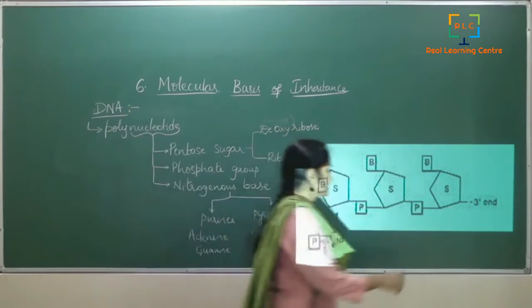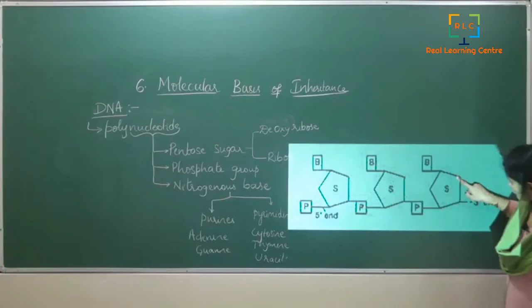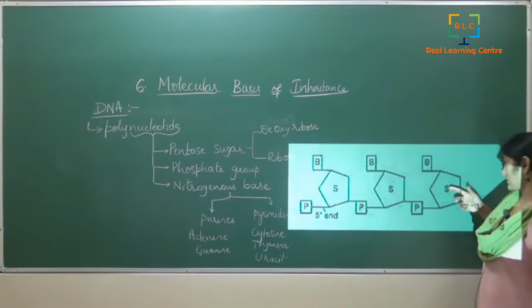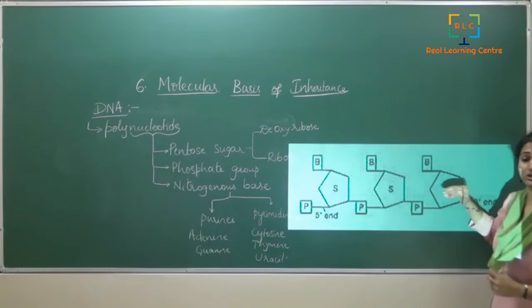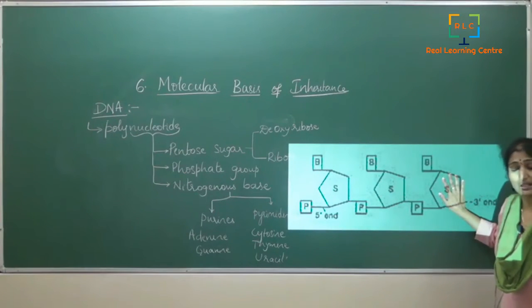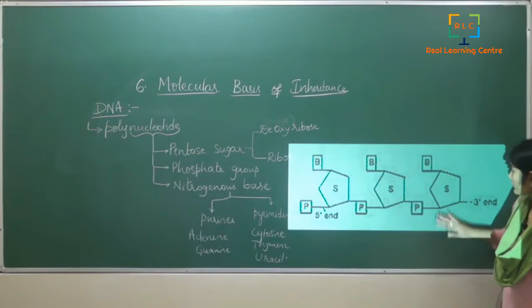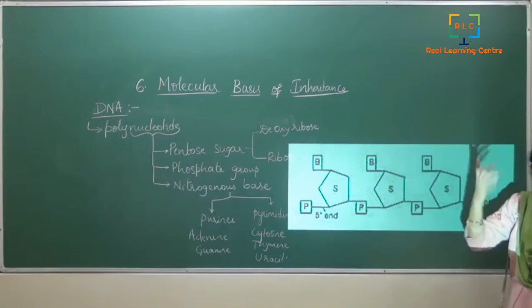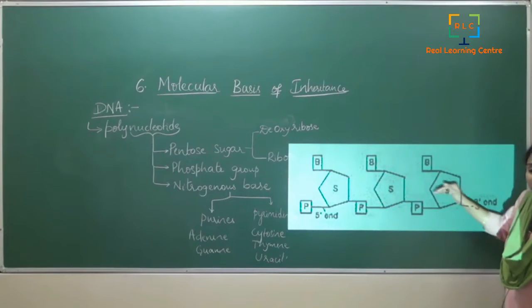You can see that there are 1, 2, 3, 4 and 5 sides. So there are 5 carbon atoms here, so you call this a pentose sugar. This is a deoxyribose sugar. Now you might be wondering what exactly is here, how many carbons, how many hydrogens and how they are linked to each other. Yes, that part I will show you in the next slide.